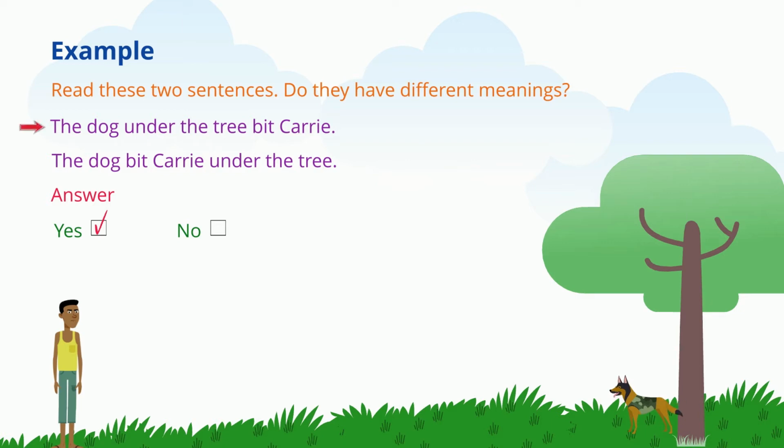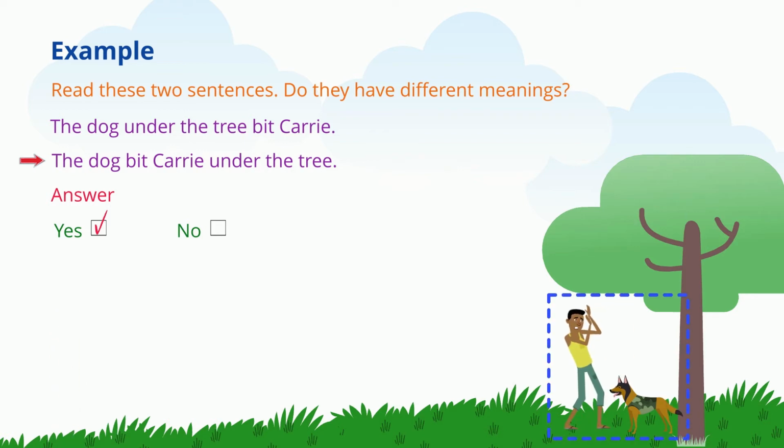This sentence, the dog under the tree bit Kiri, is identifying or indicating that that particular dog currently under the tree bit Kiri. The dog bit Kiri under the tree is saying that Kiri was bitten by the dog under the tree. The action took place under the tree.